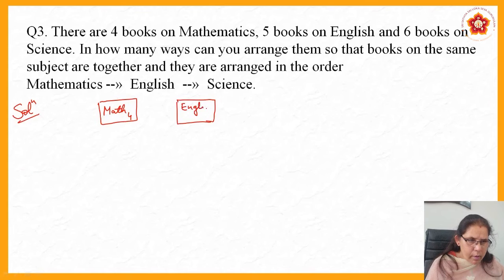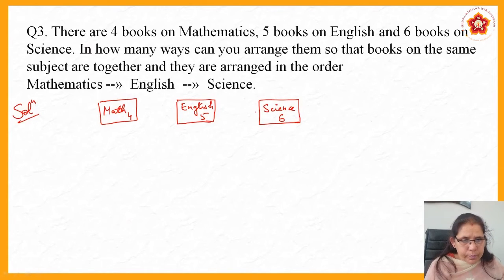For English, we have 5 books. And for science, we have 6 books.